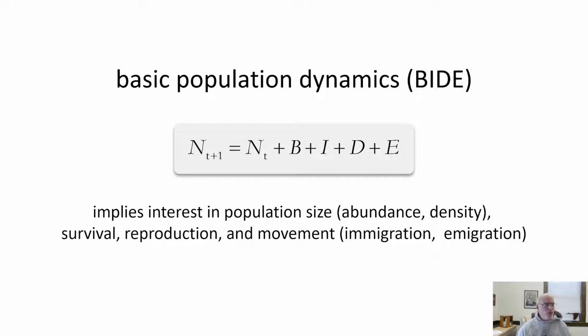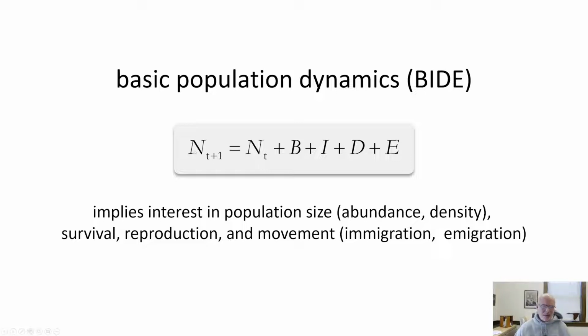And many of you will remember that the basic equation for population dynamics, which is sometimes referred to as the BIDE equation, can be represented as we see here. So the number of individuals that we see in a discrete time step, like next time step, next year, for example, is a function of a bunch of things. So it's a function of how many do we have this year, which makes intuitive sense.